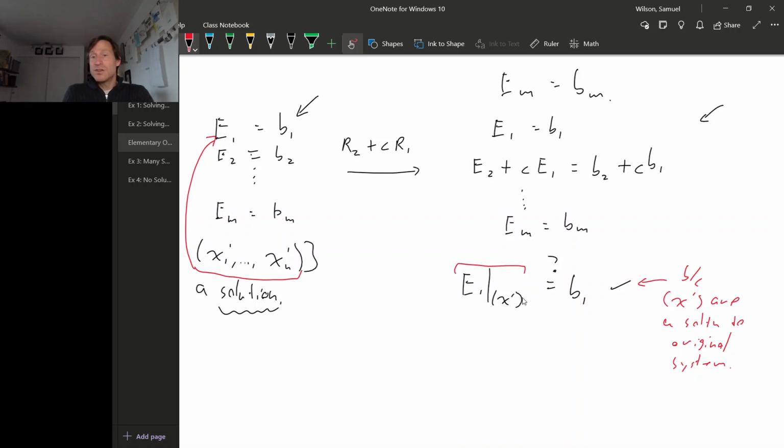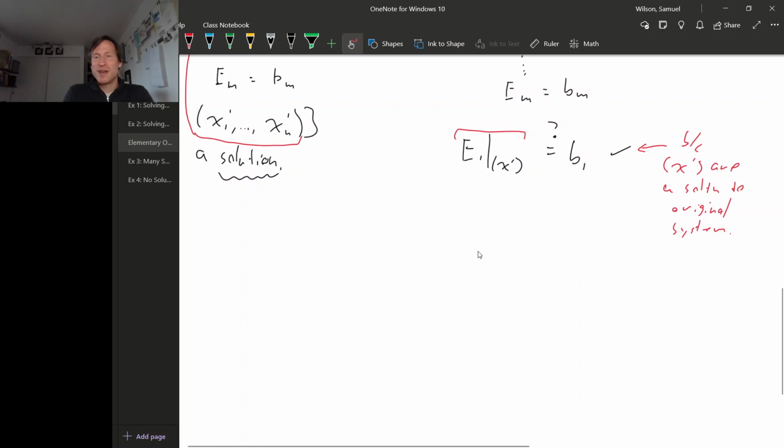Okay, you can see that this same argument is going to show that for all of the equations from 3 down to m, when you evaluate them at our x values, you get the b value on the right that you're supposed to get. Right?